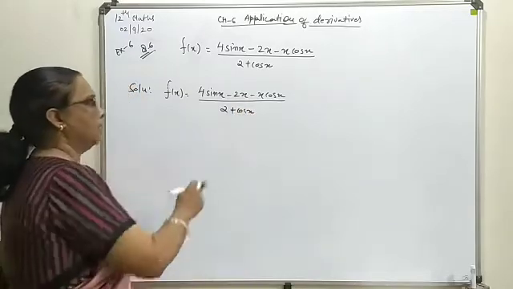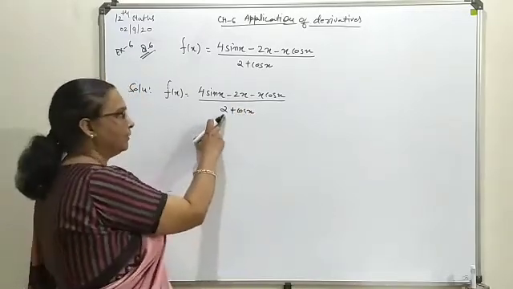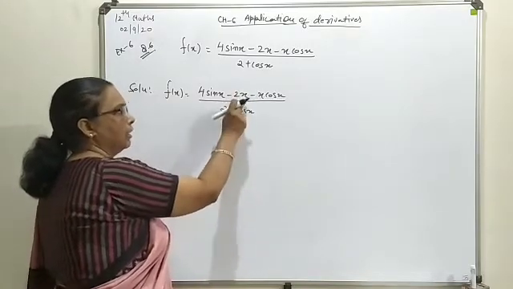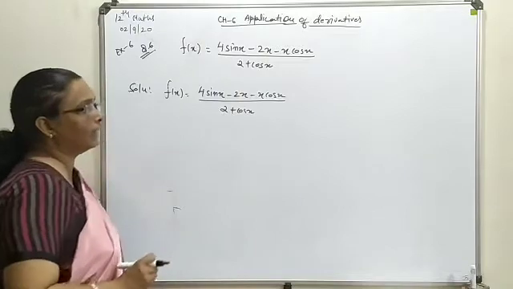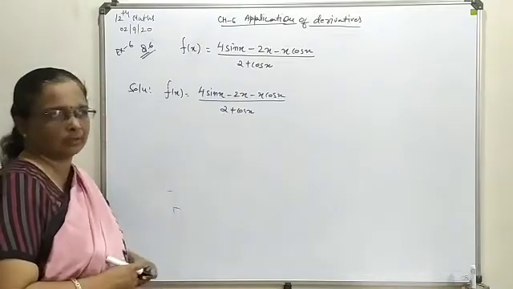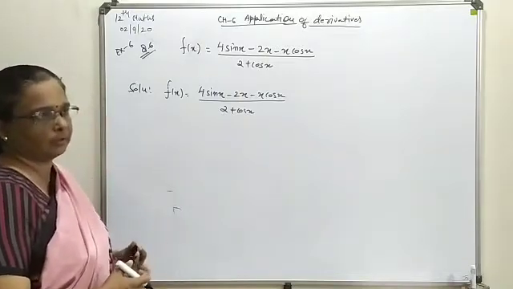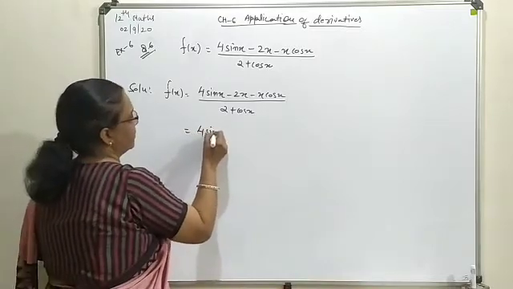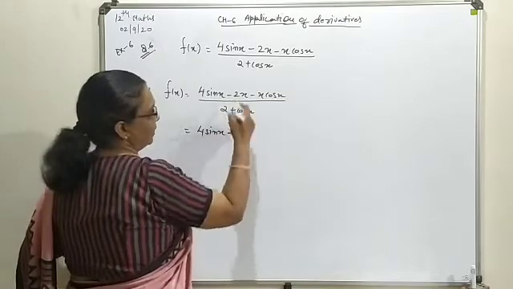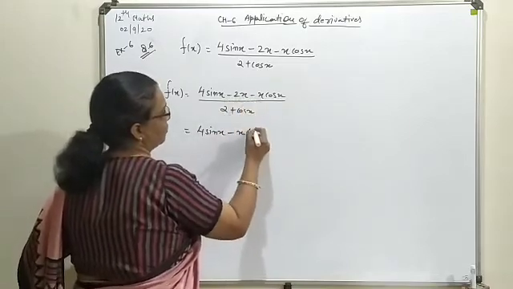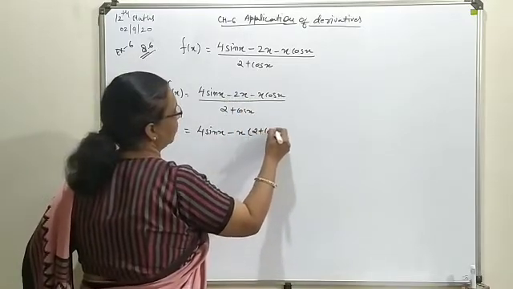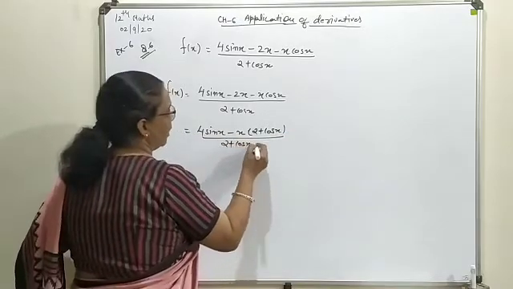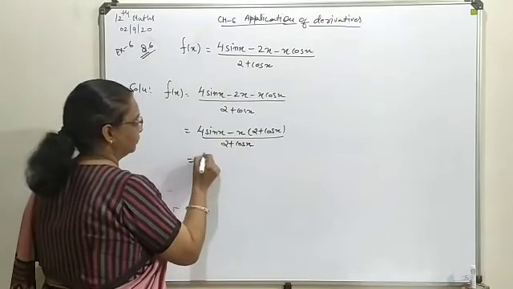Now you can see in the denominator the term is 2 plus cos x, and if we take minus x common from the second and third terms, the same term is generated. So it can be shortened for further derivation. Taking minus x common in the last two terms, 2 plus cos x is left with you.